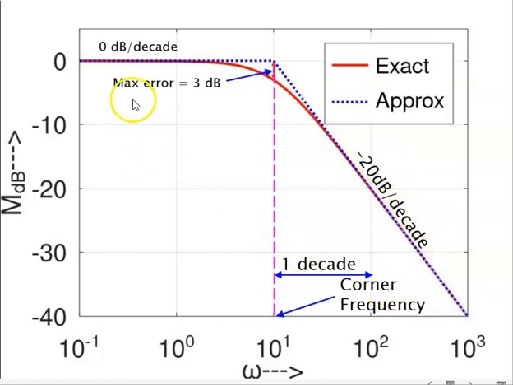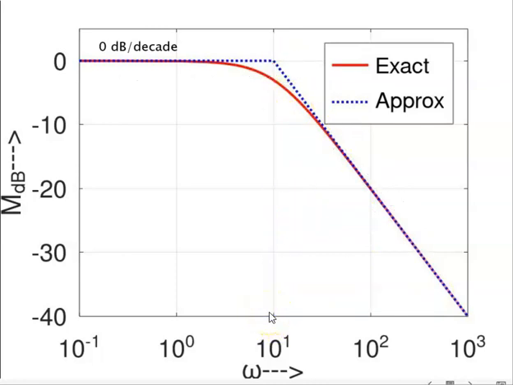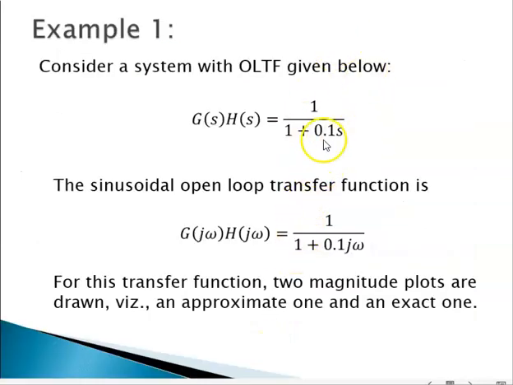So this entire exact curve can be approximated by 2 line segments: one at 0 decibels per decade and another at minus 20 decibels per decade. Their meeting point is called the corner frequency. You can say that this corner frequency is 1 over 0.1, 1 over tau.